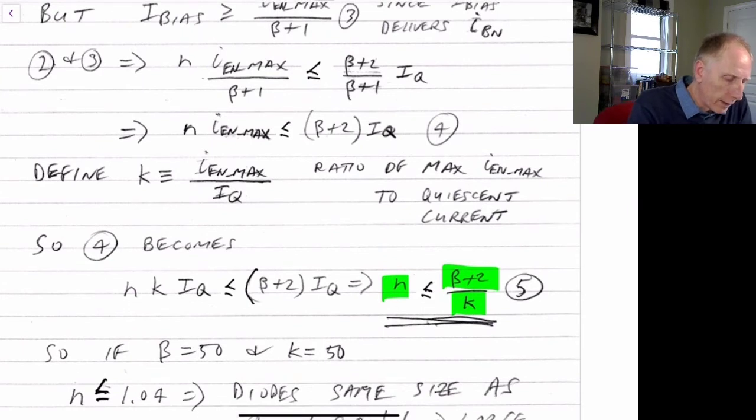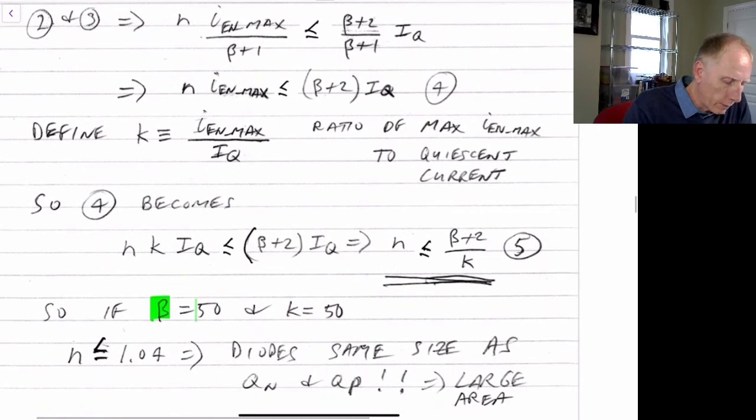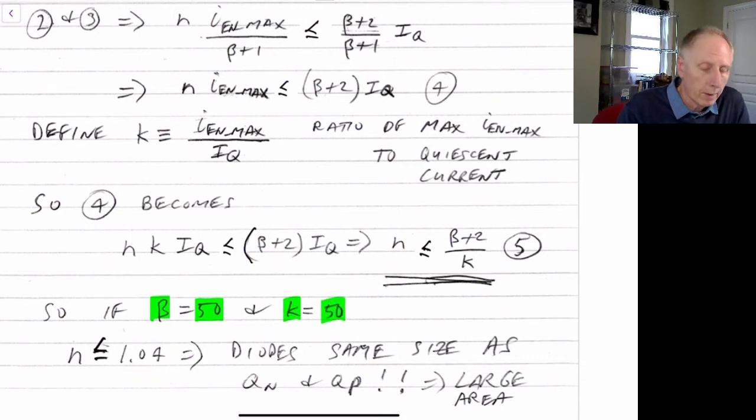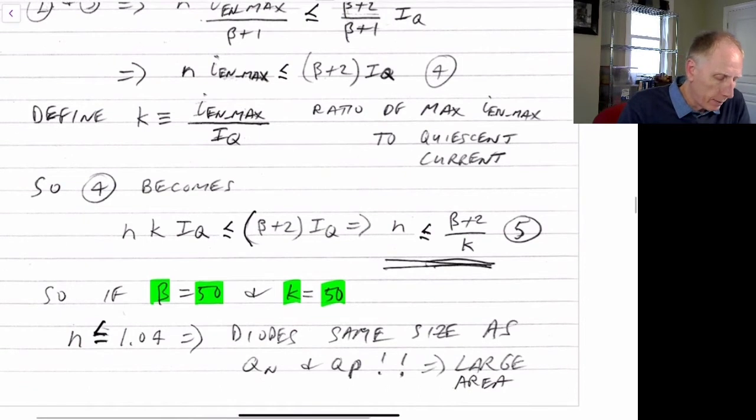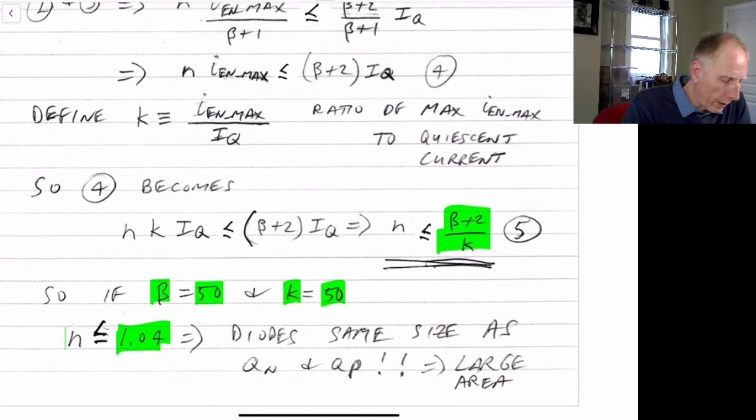So we can think of an example here. Let's say that beta was equal to 50. And let's say that we decided our maximum current relative to our quiescent current was also 50. So we would like to have only 2% of our maximum current ever being used as our quiescent current. If we did that, we'd see that this term here would be 1.04, so N would have to be less than 1.04.